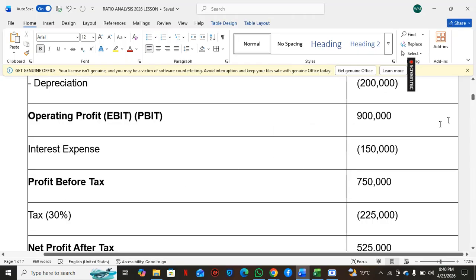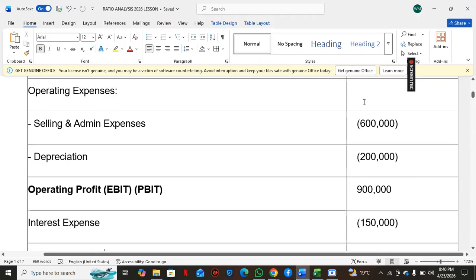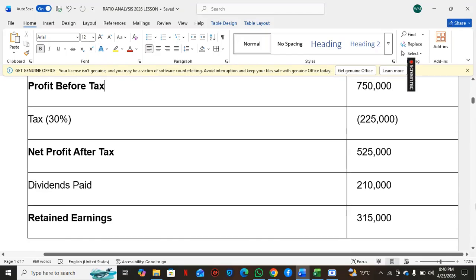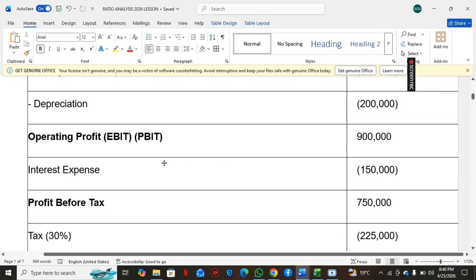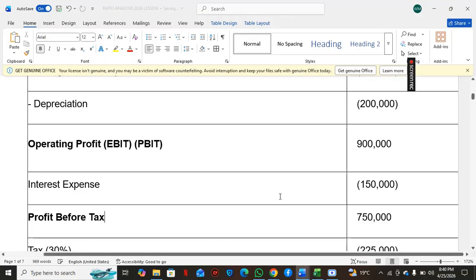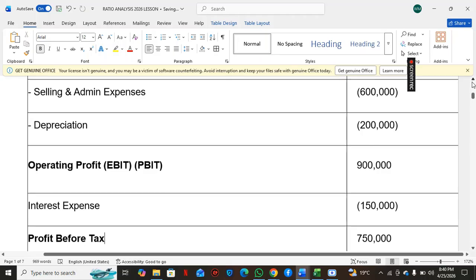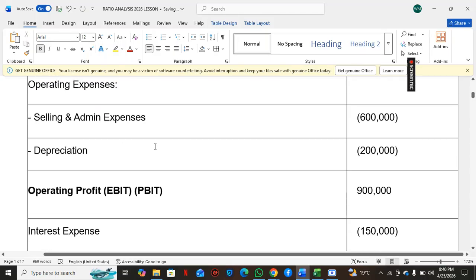Even these operating expenses, if they can be lowered, you have a higher operating profit. Those are the costs you would want to reduce. This interest expense, take on less debt, so you have less interest to pay. And these operating expenses, if you can deal with them, eventually your net profit can increase.